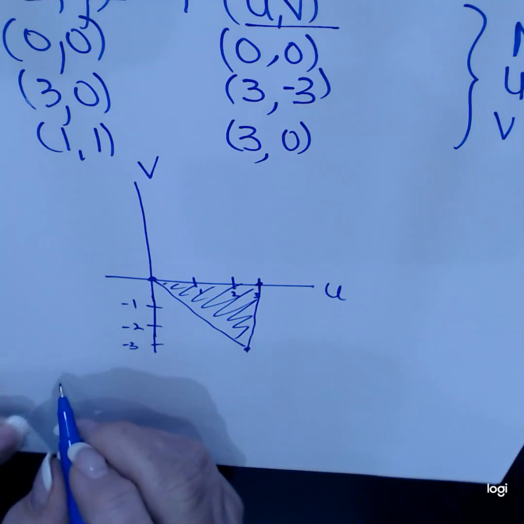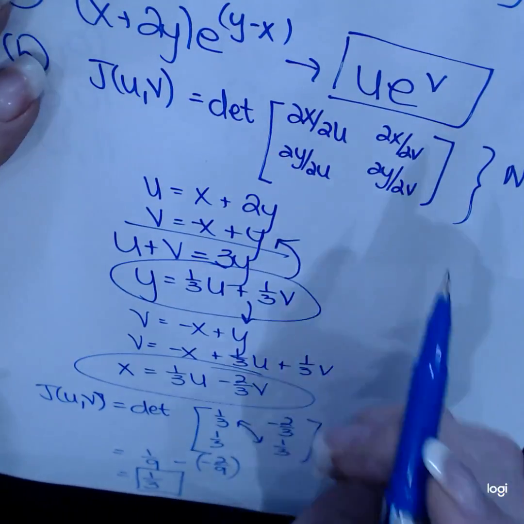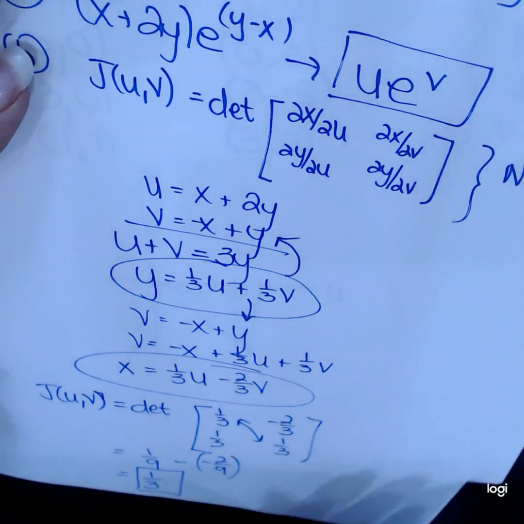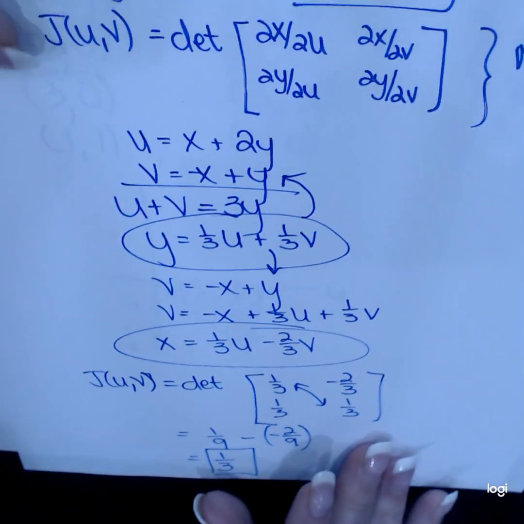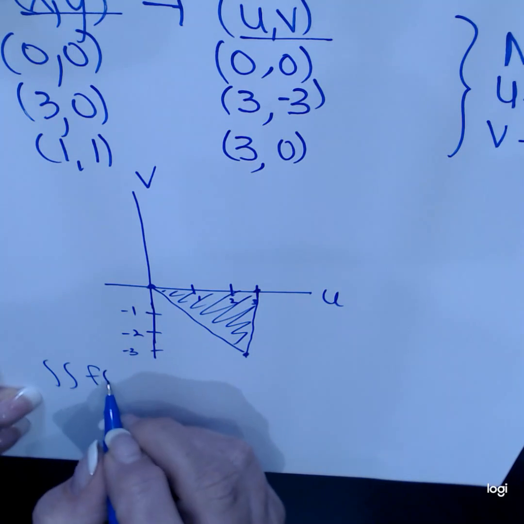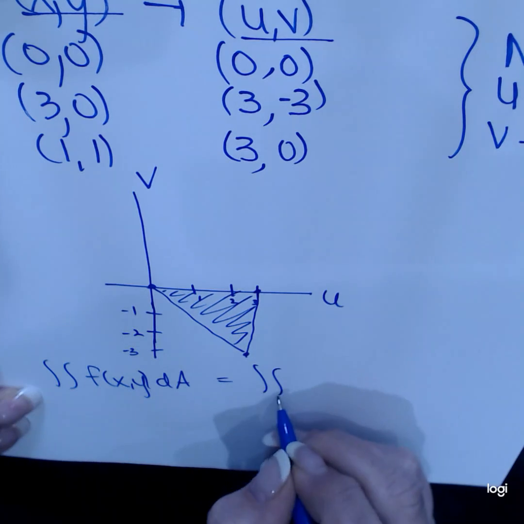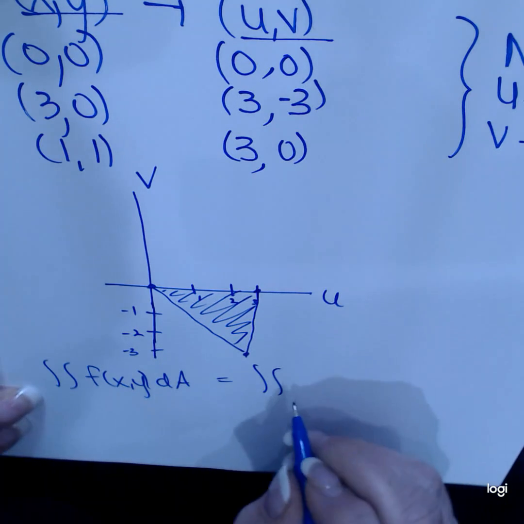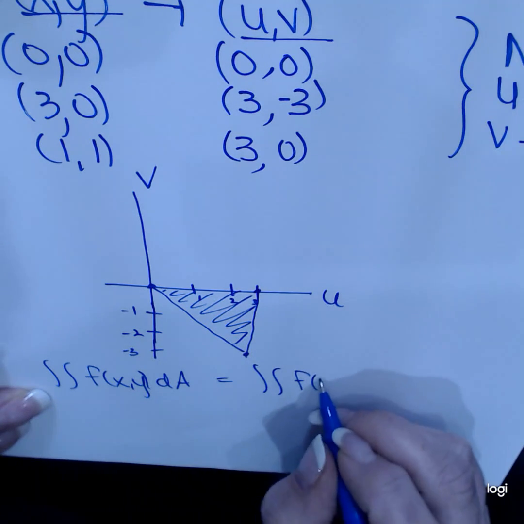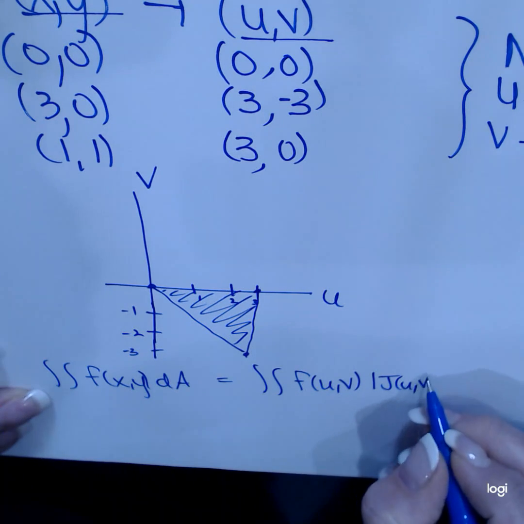So remember what this looks like. Going back here, we rewrote our function as u e to the v, and we have our Jacobian. So we are going to rewrite our function of x and y dA as the double integral over our new region of our new function written in terms of u and v times the absolute value of the Jacobian.